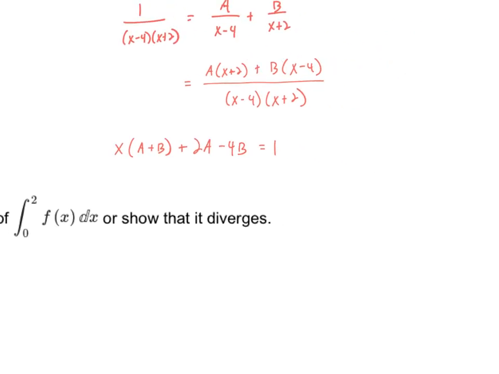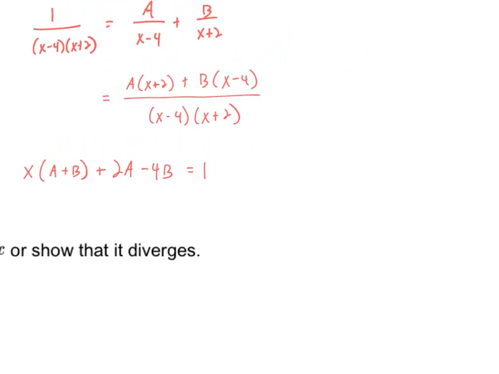So now we'll do a system of equations off to the side. That means that 2a minus 4b has to equal 1, and a plus b has to be 0. Okay, I'm going to times both of these by 2 and then subtract. So those cancel. Negative 6b equals 1.